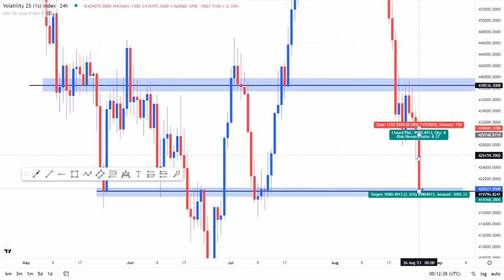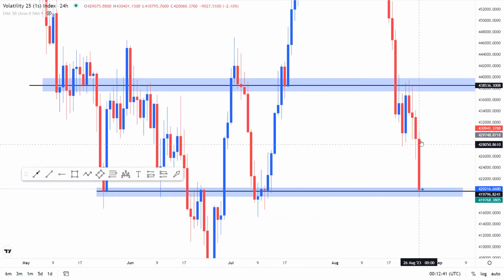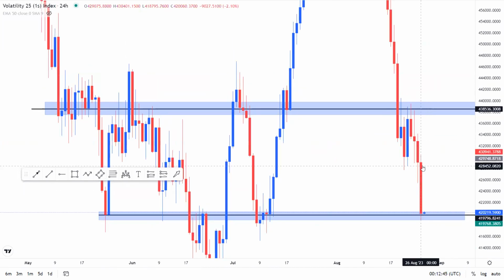Now, this bearish move right here is the sell trade I got in on.